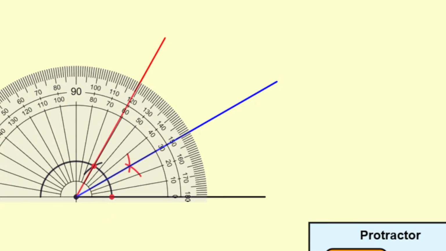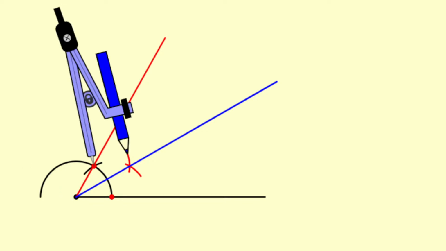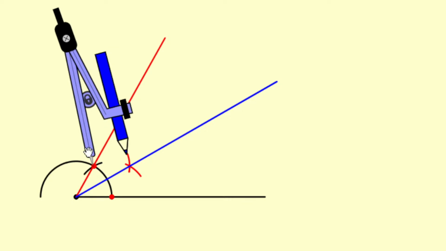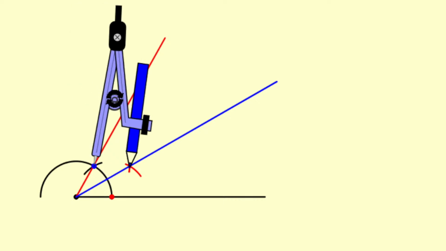So in angle bisector, if anyone has any doubts, you can just tell me. Once again, I'll just repeat what we have done. First of all, I've drawn an angle of 60 degrees. After that, I drew two arcs. I adjusted the compass with some radius, any radius. First I drew one arc from one end point of the angle like this.